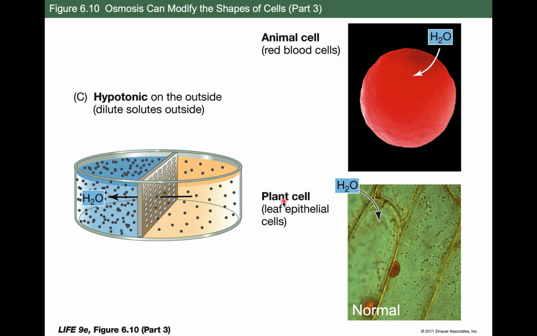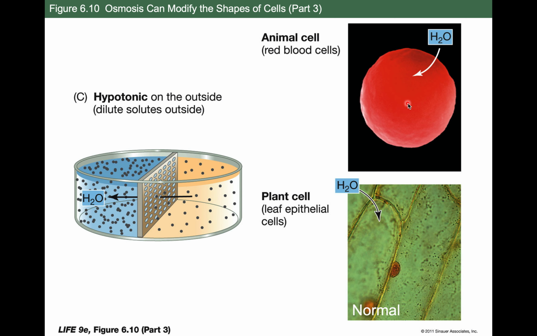So plant cells, if they're in a situation where there's less solute outside the cell, so the water is diffusing into the cells, they're very happy because that's going to fill up the vacuoles and create that turgor pressure, so you don't have a wilted plant. Animal cells aren't going to like that, right?